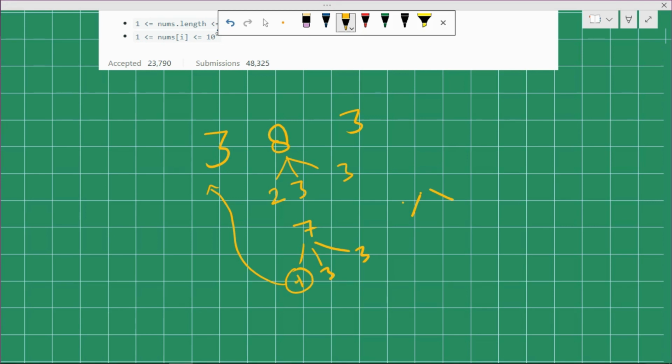And here we need to break into one more part. So we will first calculate the number of parts it needs to be broken into. Then we'll simply divide 7 by 3 and we'll get 2. That means the smallest part can be 2. So how will we break it? We will break 7 into 2, 2 and 3. And if we observe carefully, we don't even need to know exactly how we are breaking it. We just need to take care of the minimum element.